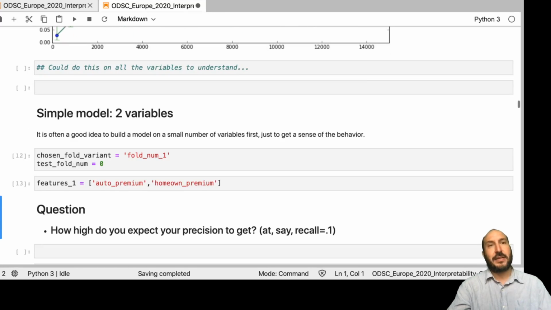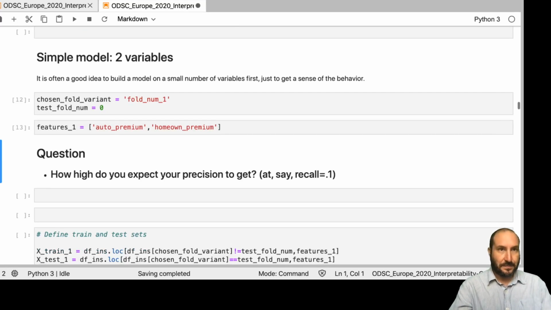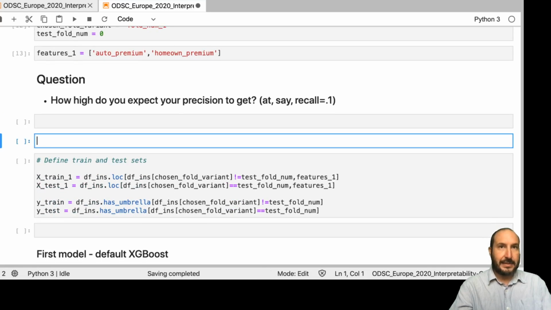So one thing to think about is, given just these two variables, how high can we expect our precision to get? Meaning, when we have the people who are the most likely to pick umbrella policies based on just these two variables, with a very high auto premium and a very high homeowner's premium, how high should we expect that precision to get? Just think about it. Guess a number for yourself, and then we're going to go through and see what actually happens.